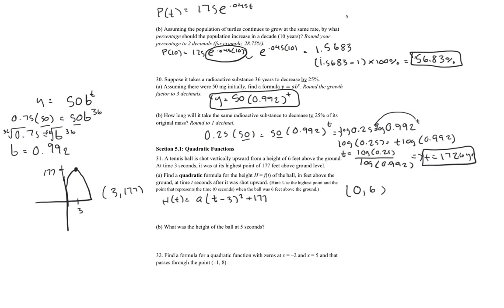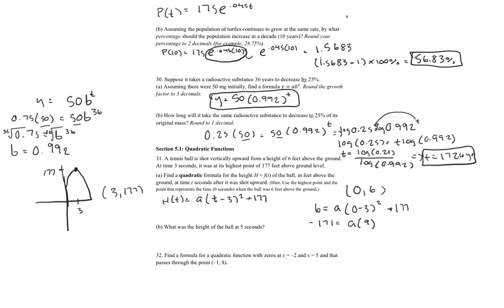So then we're going to have 6 is equal to a times 0 minus 3 squared plus 177. If we subtract 177 on both sides, we'll get negative 171 is equal to a times negative 3 squared. Negative 3 squared is just 9, right?